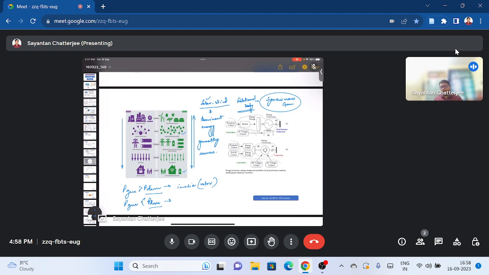This rotor would be storing or delivering that kinetic energy as per requirement, so as to avoid the sudden abrupt change.